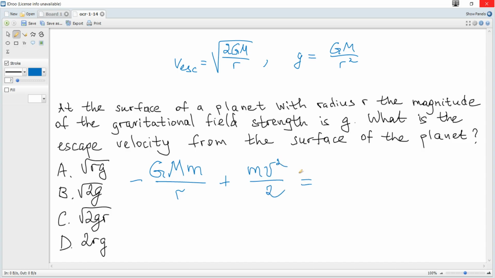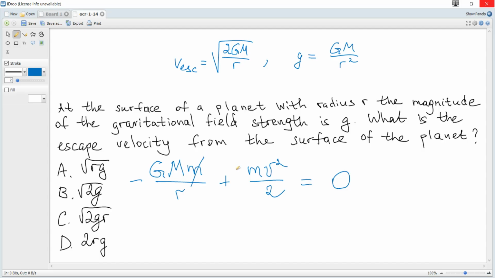And eventually the gravitational potential energy becomes 0, and the kinetic energy also becomes 0. So eventually the total energy is 0, and we get the minimum speed required to leave the gravitational field produced by this planet, and this v is called the escape velocity.